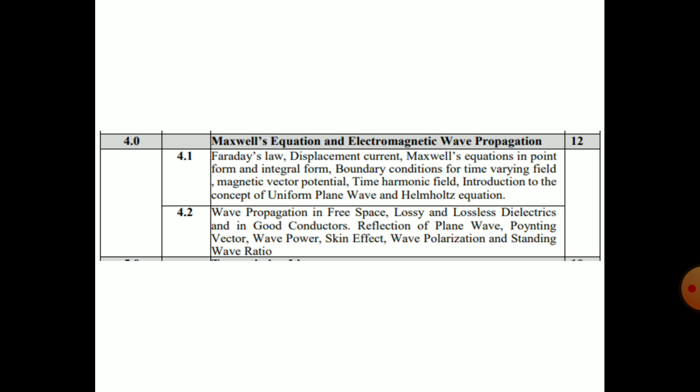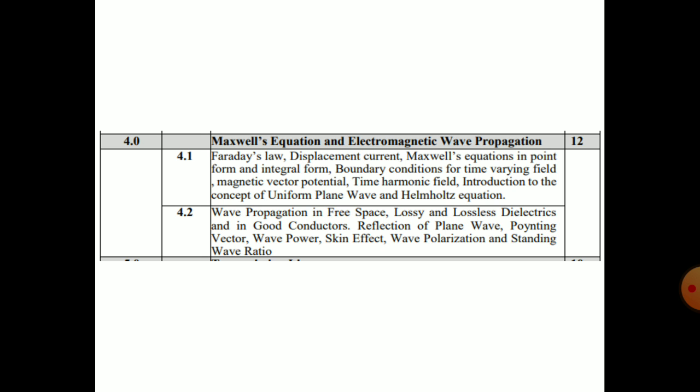Now see that point, boundary condition for time varying field. What is meant by boundary conditions? Boundary condition means if there are two different materials, like water: if you are looking into the water, there are two media, the air medium and the water medium. In between these two media there is a boundary between the water and the air.